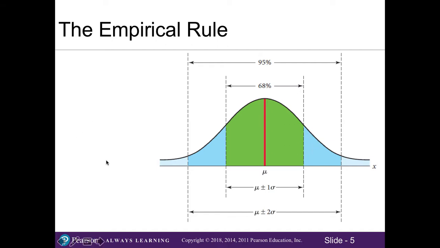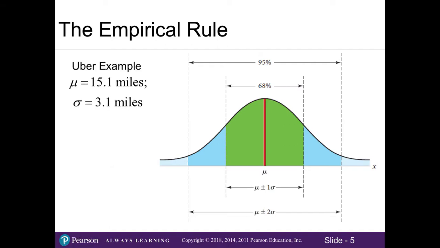So let's look at an example of how we could use this to estimate our data. Imagine in San Diego that we've collected data on Uber rides, and it was found that the population mean for Uber rides is around 15.1 miles per ride, and that the standard deviation is 3.1 miles. So we'll plug in our mean and standard deviation.